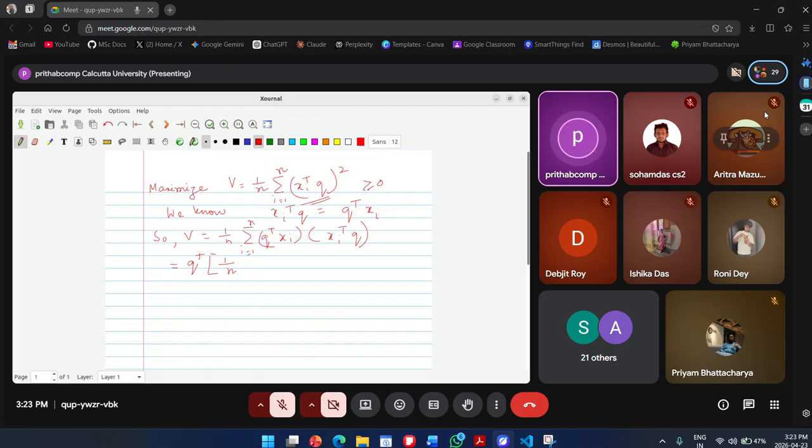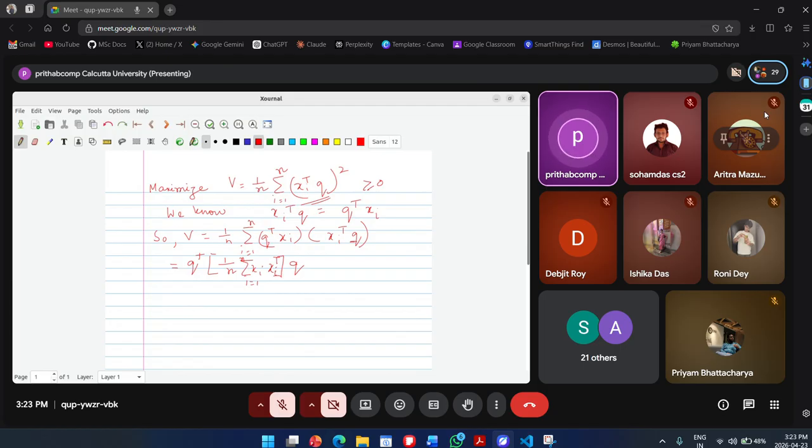So this q transpose I'm taking over here and this q I'm taking over here. And the rest of the things I'm writing like this, 1 by n summation i equal to 1 to n. I'm not writing i equal to 1 to n each time, it is understood. So xi into xi transpose.